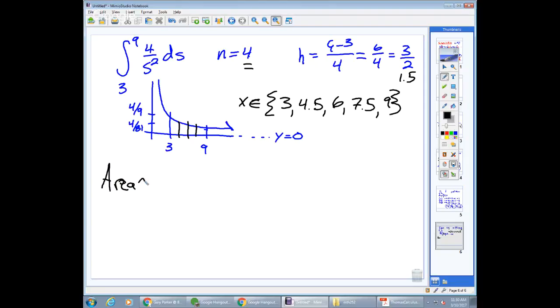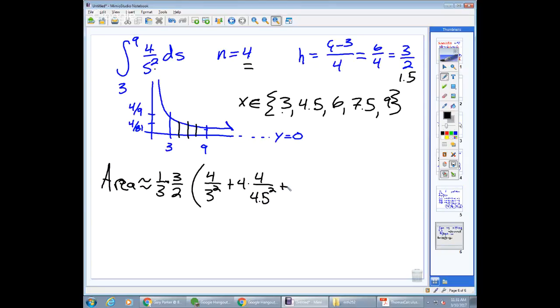Simpson's rule says the area is approximately h over 3, so 1/3 of h, which is 3 halves. That will simplify a little bit. That's times your first y value. To find a y value, I have to plug in my x value, so my first y value is 4 over 3 squared. Simpson's rule says take 4 times the next y value, which is 4 over 4.5 squared.